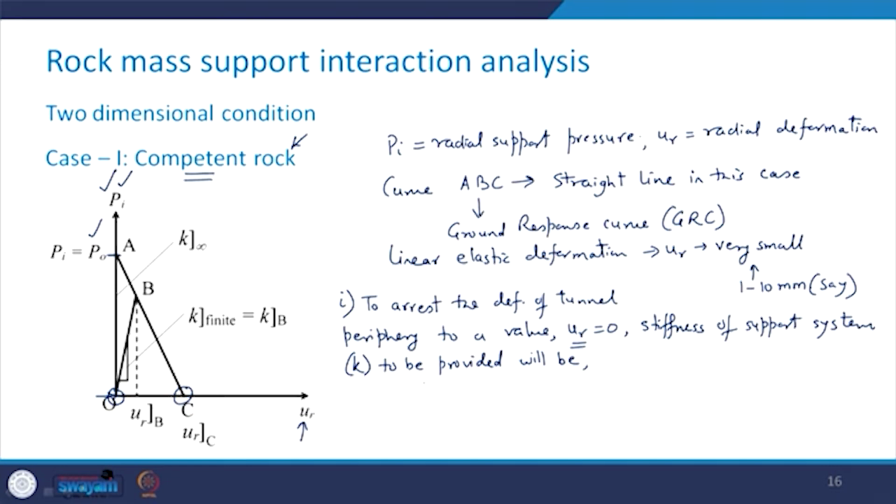So, in that case it is this point which is going to be there, because corresponding to this point A, ur is equal to 0. So, the stiffness Ks at A is going to be P naught upon 0, because this is what ur is at A, and this will tend to infinity.